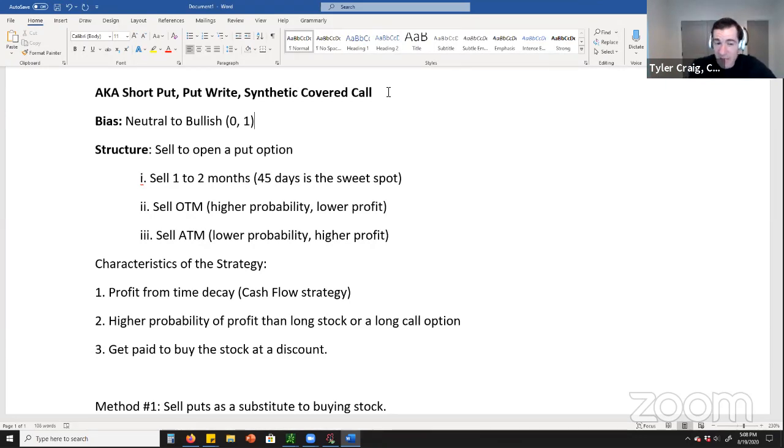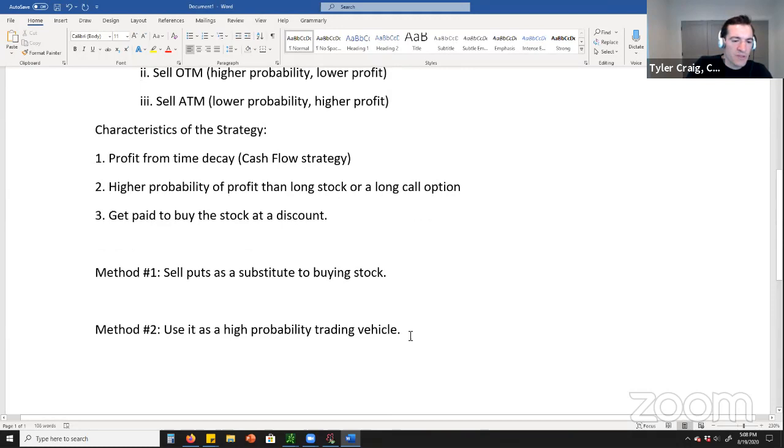I don't mind if the stock goes up a lot when I sell a put. It doesn't mean you don't make money if the stock goes up a lot. You will be profitable. It just means you may have wished you did a different strategy, something that would have taken more advantage of it. All right, so let me start with using it as a high probability trading vehicle, and then I'll go through and show you how to consider selling puts as a substitute to buying stock.